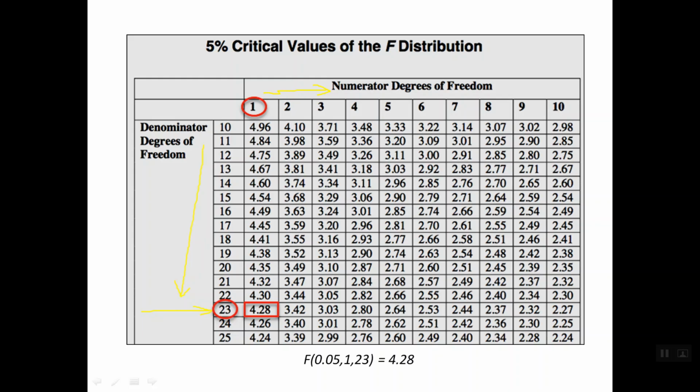So the value of the critical F for alpha equals 0.05 and degree of freedom in the numerator equal to 1 and degree of freedom for the error 23 is simply 4.28.